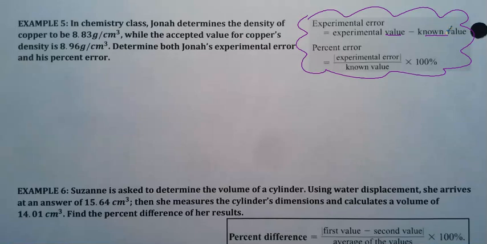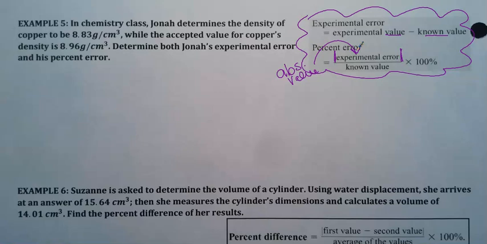Okay, percent error is when we take the experimental error, and what do these signs mean? What does those bars mean? Okay, that's the absolute value. All right, so that's the absolute value of experimental error, and we divide it by the known value, and we multiply it by 100.